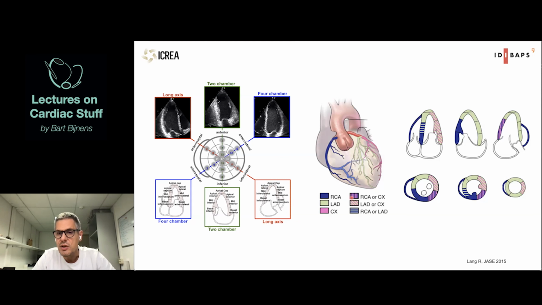We do this because we partially know that these segments are mostly attributed to certain coronary arteries. Because coronary artery disease is the majority of cardiac abnormalities that we see in patients, a lot of echocardiography is aimed at recognizing it. And for that, these segments are very, very useful.